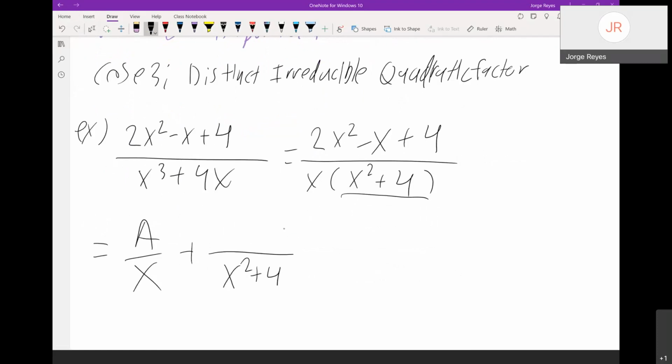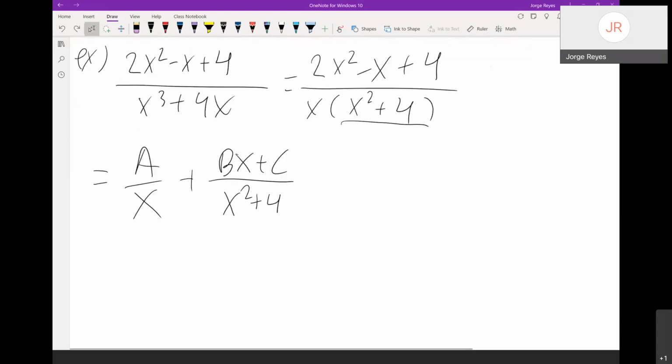It's actually bx plus c. So it's going to be a line. So when you have irreducible quadratics, you get lines on top, not just numbers. But besides that, you do everything the same.